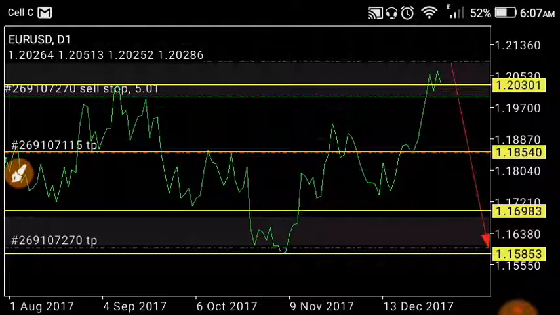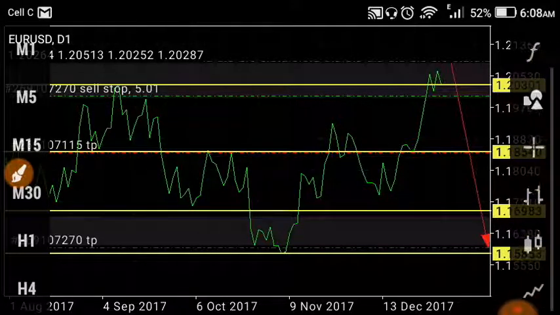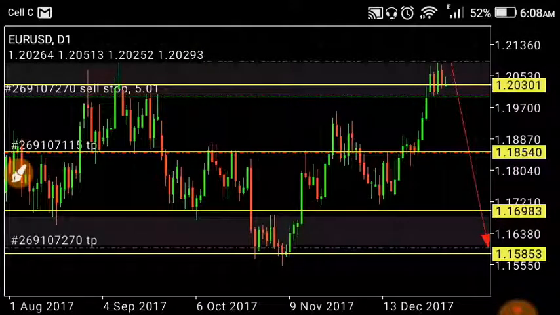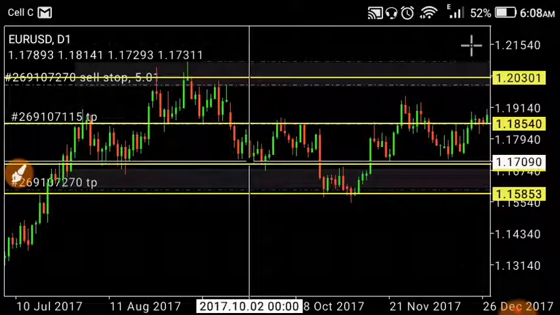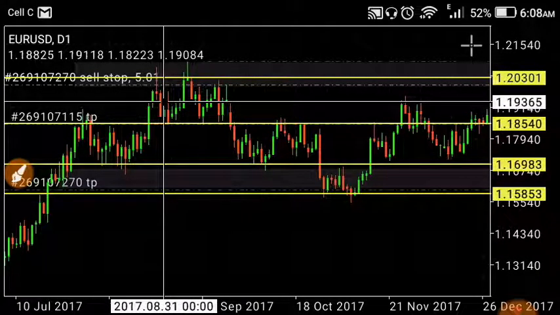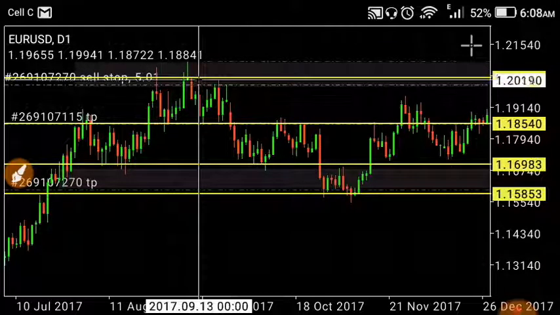So once I'm done plotting my support and resistance horizontal lines, I can change back into my candlesticks, and as you can see right there in this area here, the price was failing to break and stay above this horizontal line.